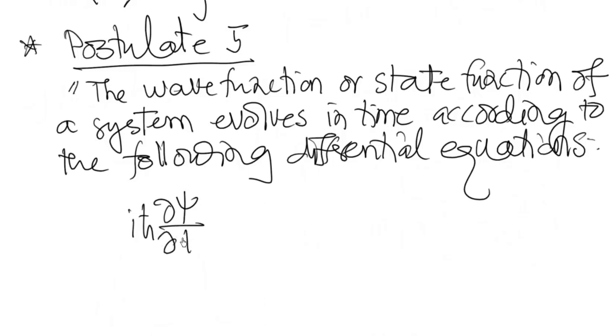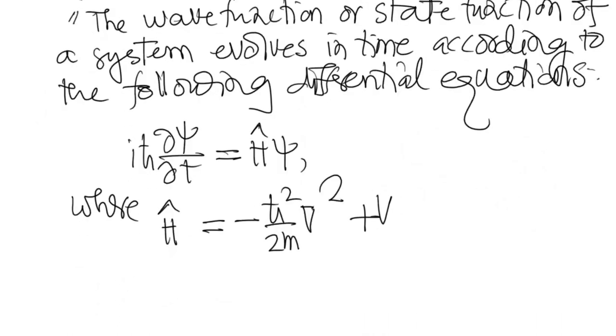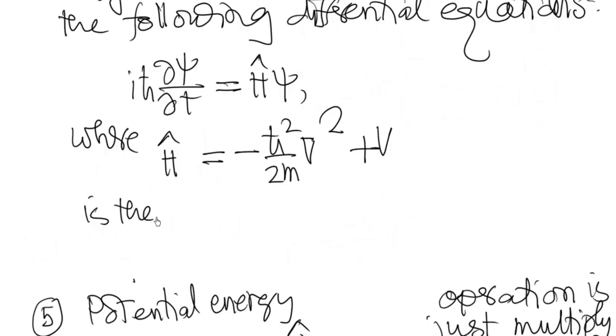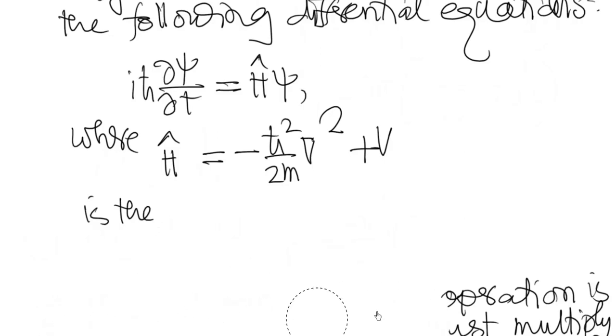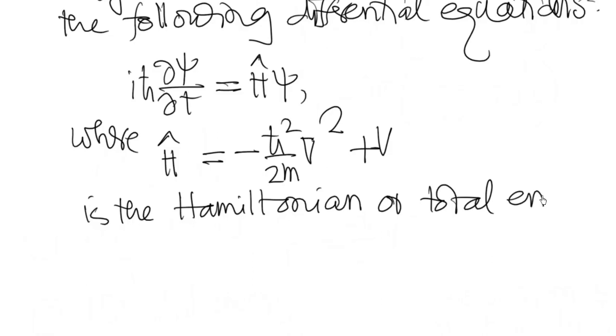i h bar del psi by del t equals H psi, where H is the Hamiltonian operator of the system, where H equals minus h bar square by 2m del square plus V is the Hamiltonian, or total energy operator, of this system.